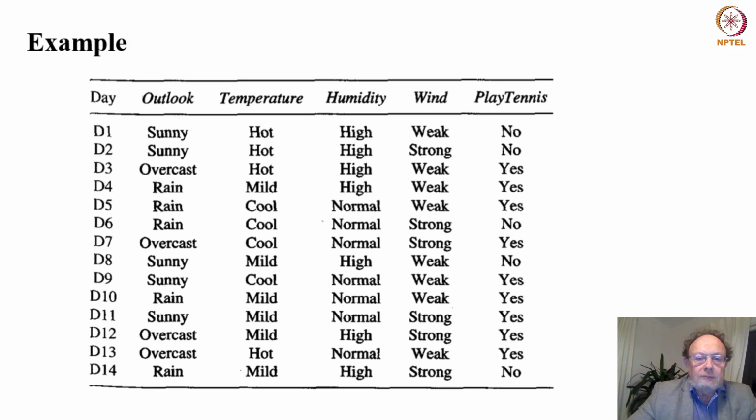In this example, we have 14 training instances, and each instance is expressed in terms of 4 features: outlook, temperature, humidity, and wind.